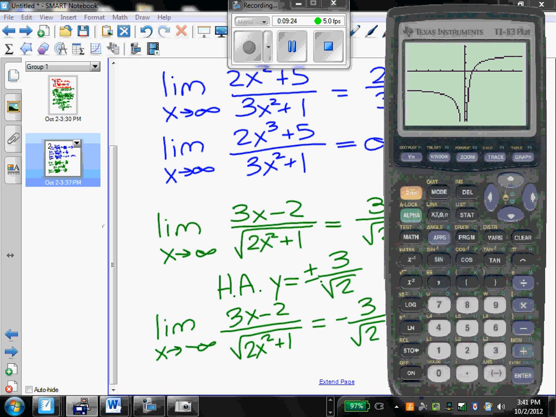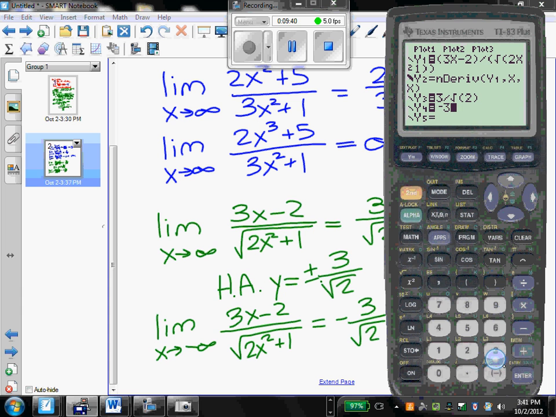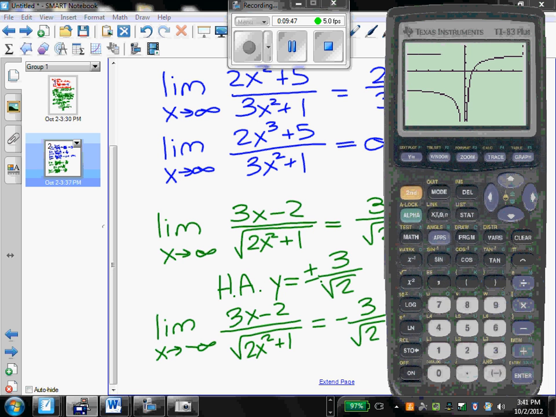Okay, so you can see the horizontal asymptotes. I can even type in the equations of the horizontal asymptotes. For one equation, I could type 3 divided by the square root of 2, and for the next one, negative 3 divided by the square root of 2. So we can see those asymptotes written as equations, and you can see how the graph is approaching those. It does cross one of them. Okay?